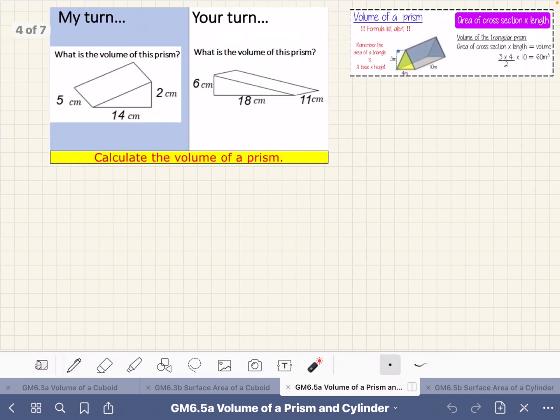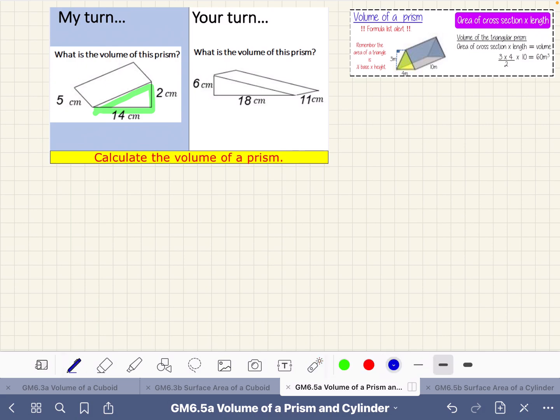Let's look at the my turn question. We are asked to find what the volume of this prism is. Now we can see the face of this prism is indeed a triangle. We are told that to work out the volume, we would multiply the area of the cross-section by the length.